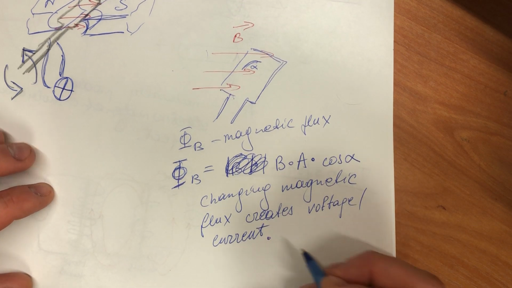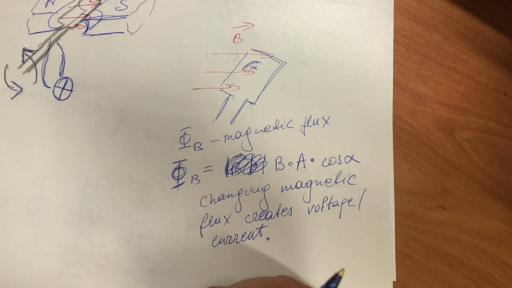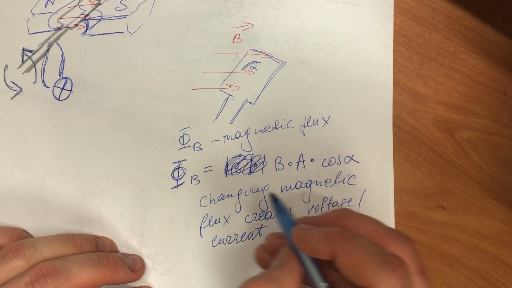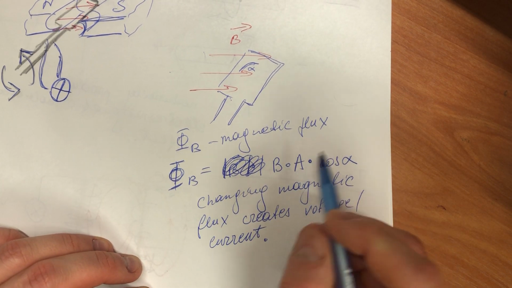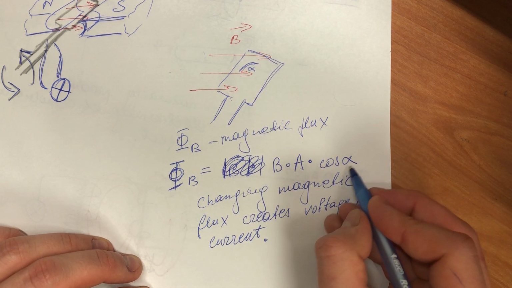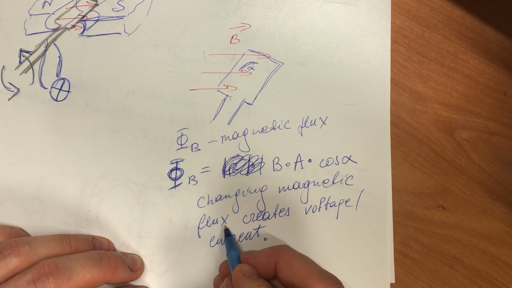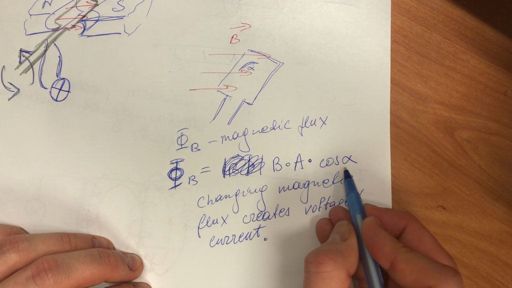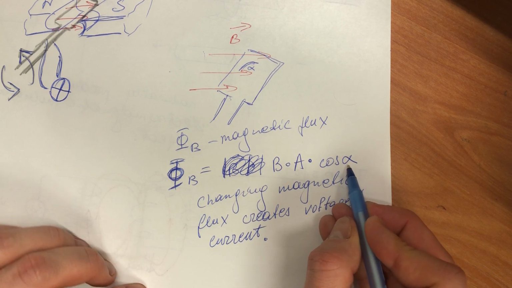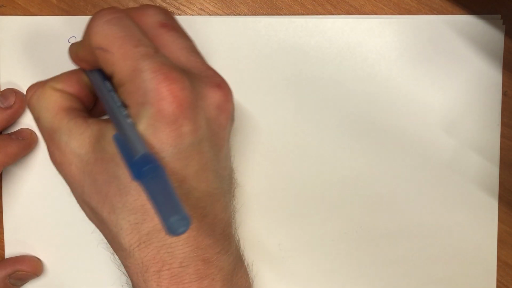So not only may magnetic fields need to change to create voltage or current, but also the surface area of the loop, or the angle may change. So all this is connected to magnetic flux. So changing magnetic flux, which incorporates magnetic field, surface area, and the angle. So now what I wanted to tell you, the last thing, would be the summary of electromagnetism.